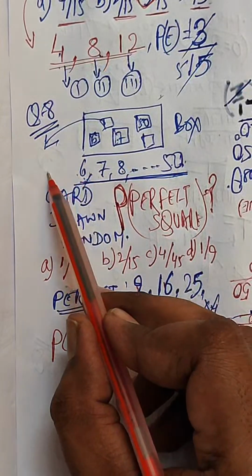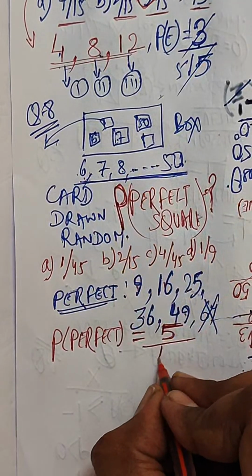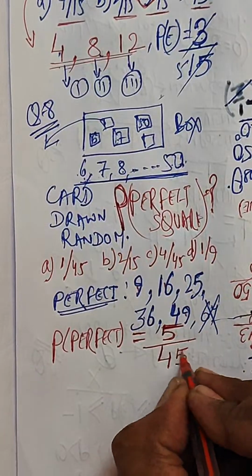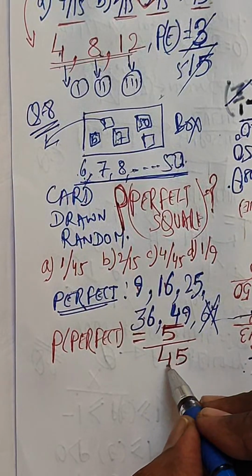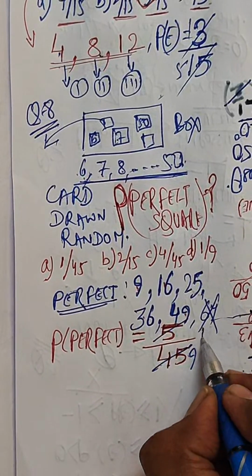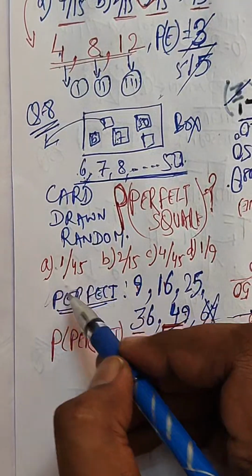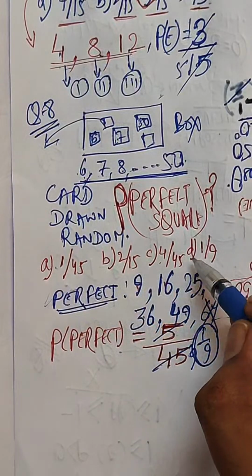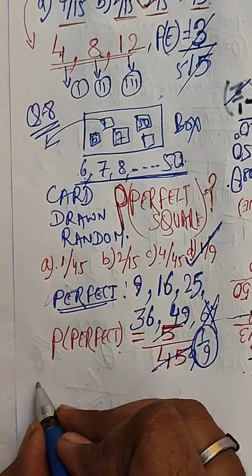Starting, you can remove 1 to 5 from 50, so it's 45. So 5 by 45 is your answer. And when you divide 45 by 5, it will divide 9 times. So 1 by 9 is your answer. So from the options A, B, C and D, option number D, that is 1 by 9, is the correct option, right?